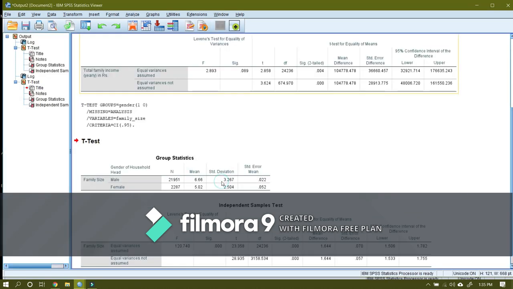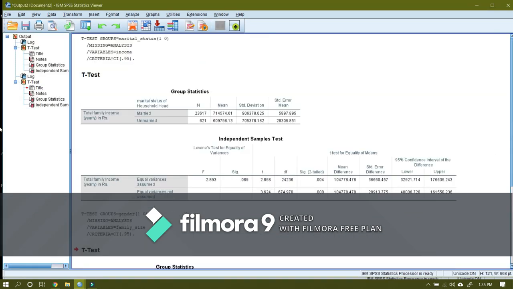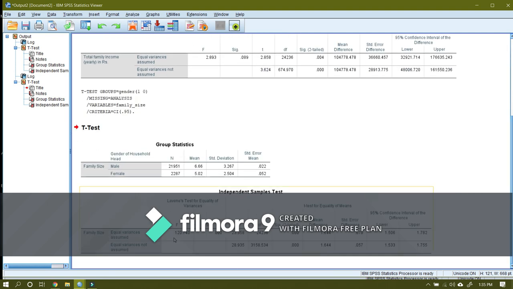So I'll click OK, and here is my result. So this is the group statistics. For male, the number of observations is 21,951, and for the female headed households, the number of observations is 2,287, and these are the means.